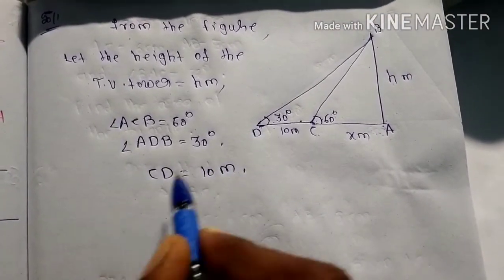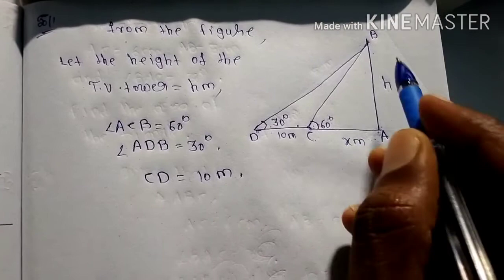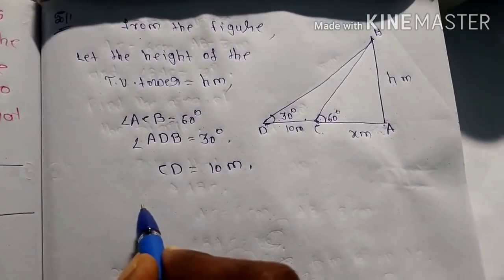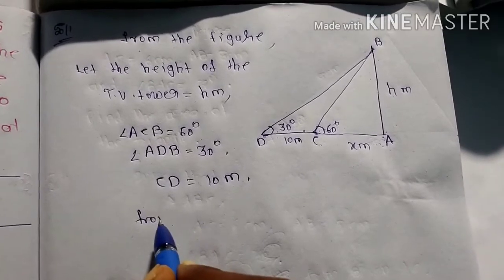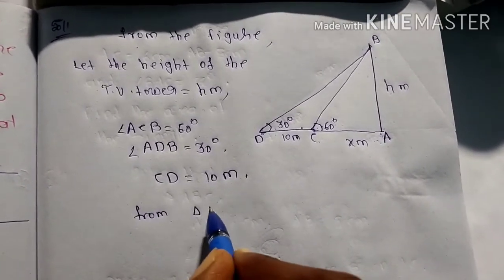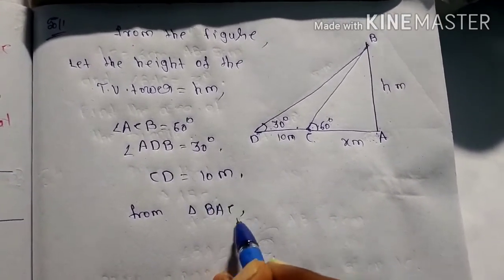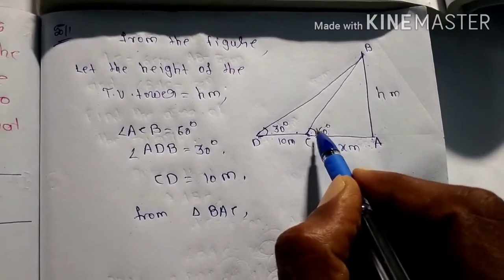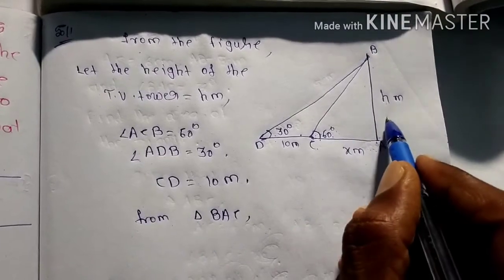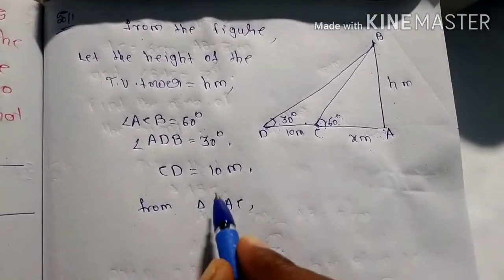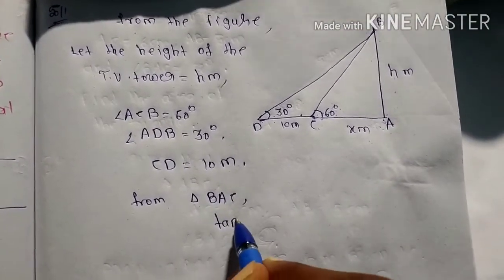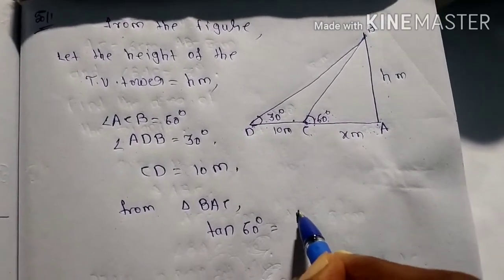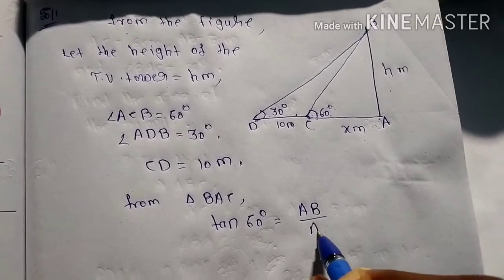Now we can take the triangle ABC. I am taking from the triangle BAC, tan 60. What is tan theta? Tan theta is equal to opposite by adjacent. So tan 60 is equal to AB by AC.